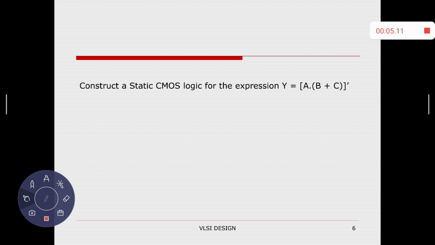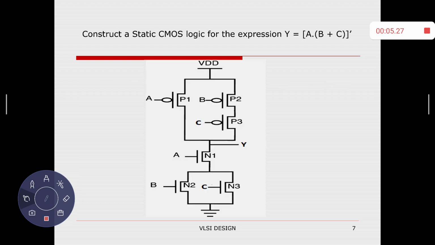The pull-up network is just the reverse operation. For implementing B plus C through PMOS transistors, both are connected in series, and that combination is connected in parallel with the other input, A. This is the structure.